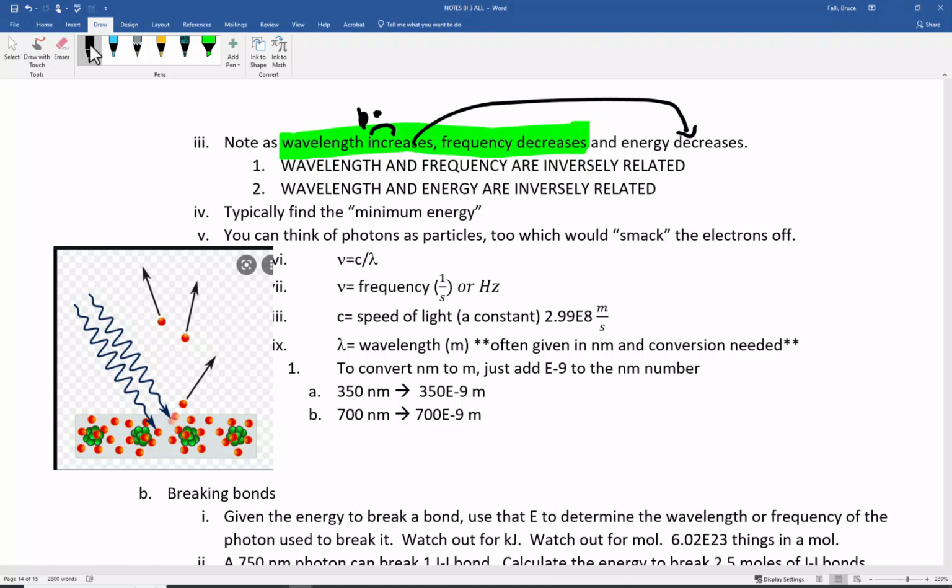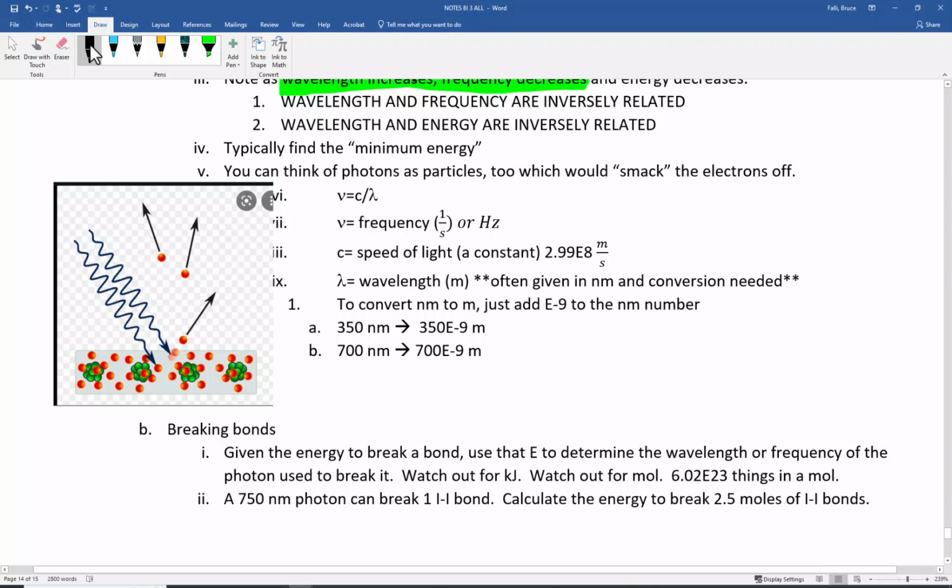Typically, we're asked to find the minimum energy to knock off an electron. You can think of photons as particles too, which would smack the electrons off. So here's my photon of light, and it hits an electron and shoots it off. Another equation on your equation sheet is frequency equals c over lambda.